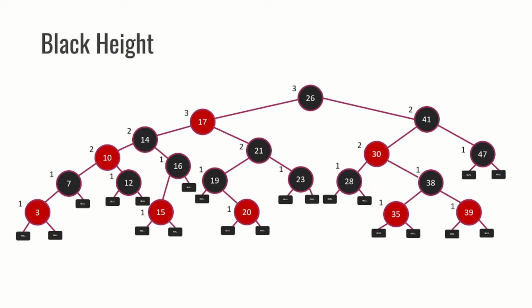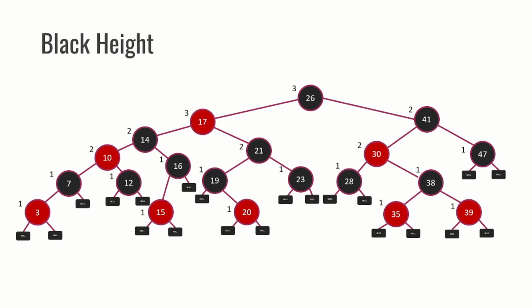Now here's a relatively extensive red-black tree. I want to introduce the concept of black height. Every node has a height, which is the distance from the node to its furthest descendants. The black height is the number of black nodes between itself and its furthest descendants.